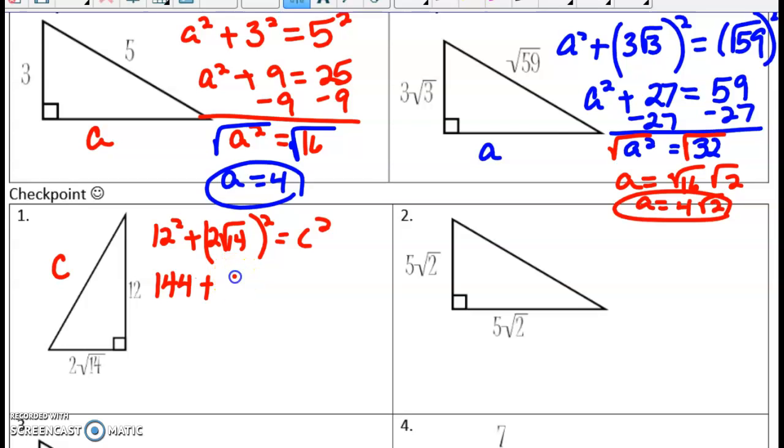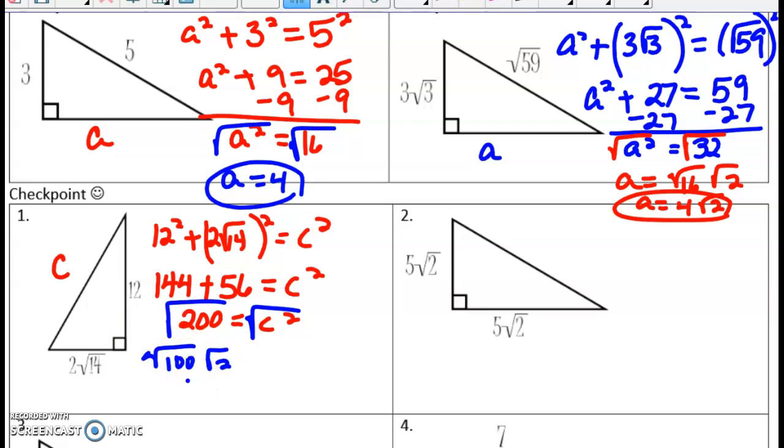Yeah. When I add those together, I get 200. And again, you can just hit the square root of 200. Your Casio will break it down. If you don't have that, I know it's 100 times 2. So this will be 10 root 2 for C.